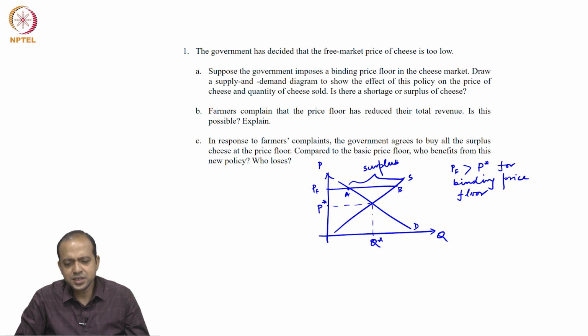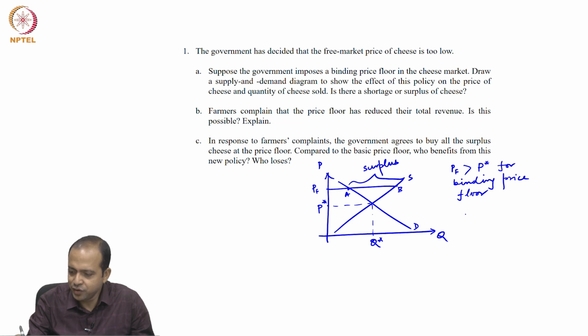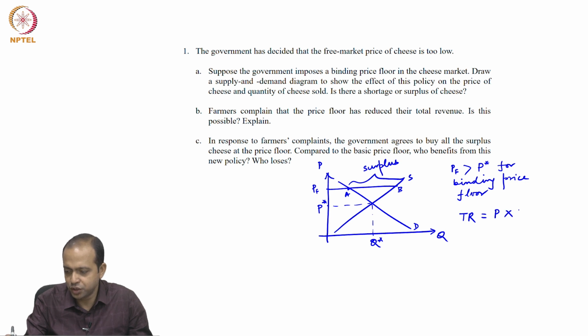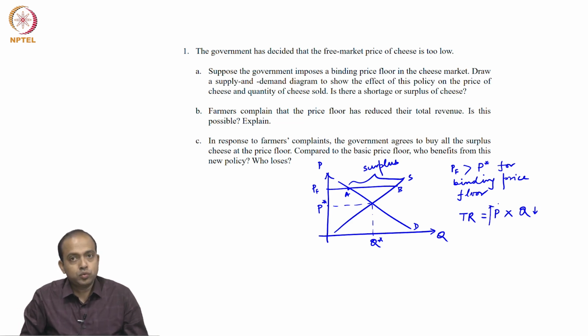Now, when price is increasing, as you see from the diagram, quantity demanded is falling, but the question is total revenue, and as we know, total revenue equals price into quantity. So, here quantity demanded is falling, price is increasing. So, the relative strength of the increase in price and decrease in quantity will determine whether the net impact on the total revenue will be positive or negative, right, that we have learned earlier.